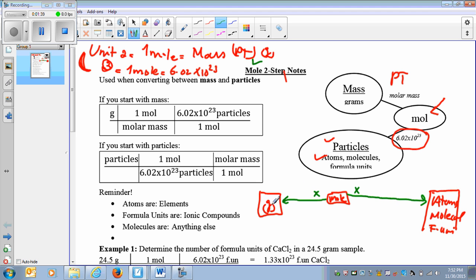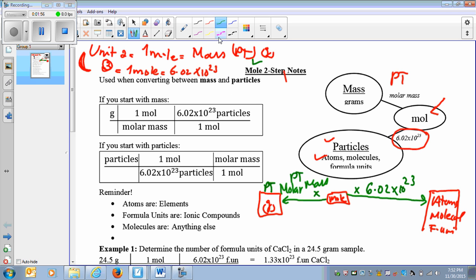Coming to the grams, you will multiply by the molar mass. And where do you get the molar mass from? The periodic table. Going from moles to this side, no matter where you go, you will multiply by the Avogadro's number.